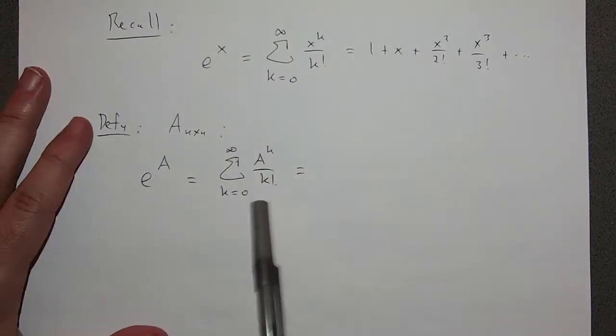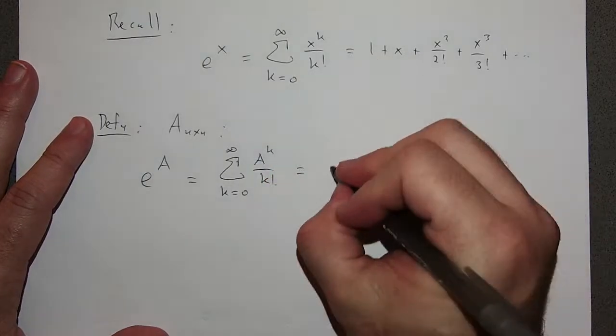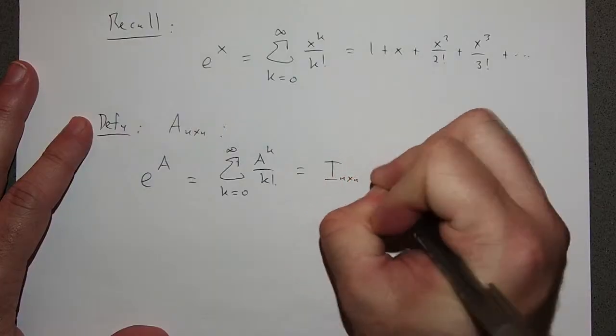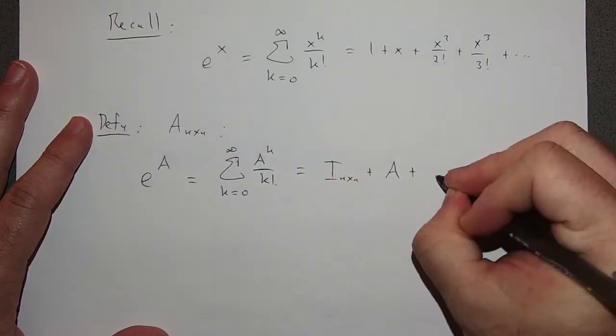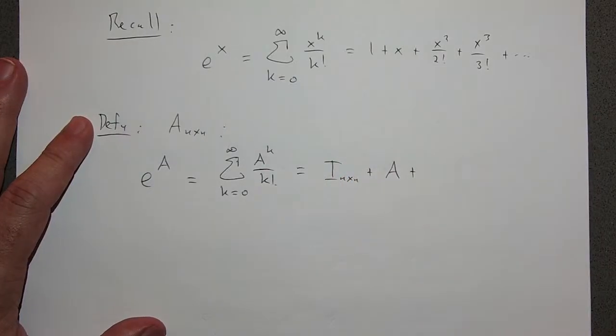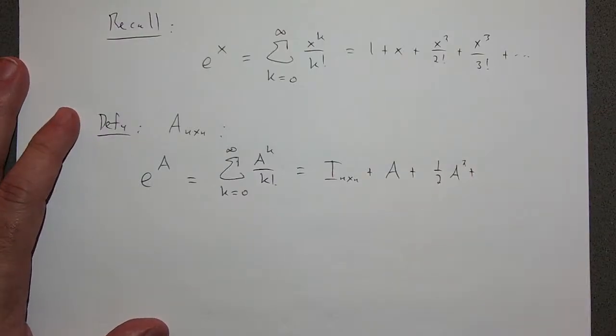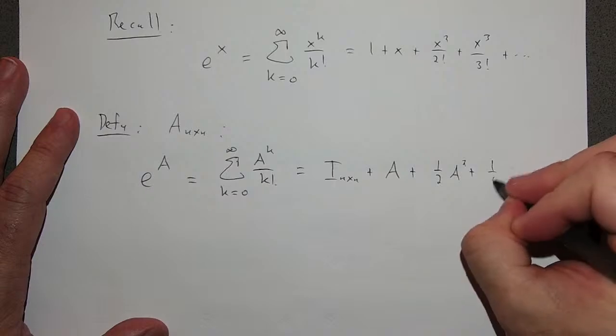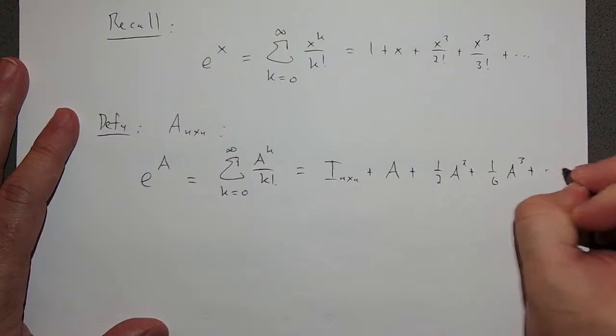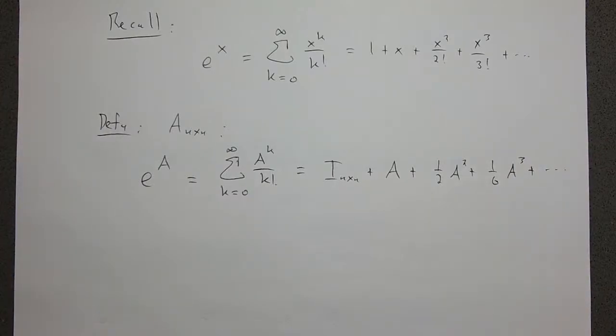Instead of 1 here, this is going to be the n by n identity matrix plus A plus 1/2 A squared plus 1/6 A cubed, and so on.